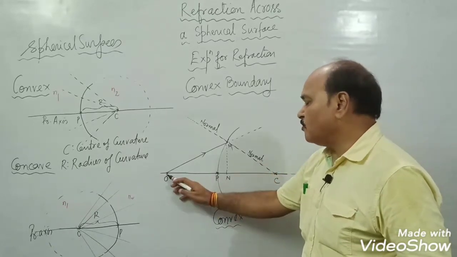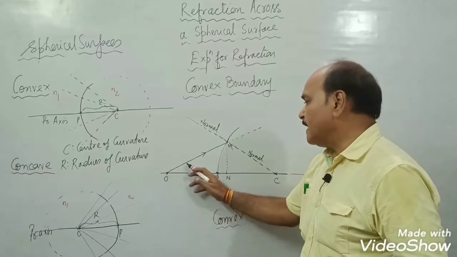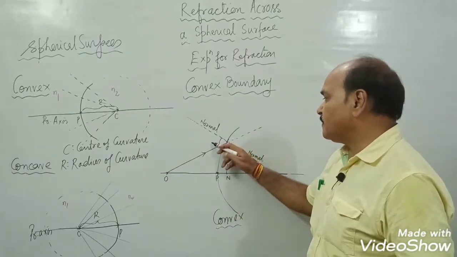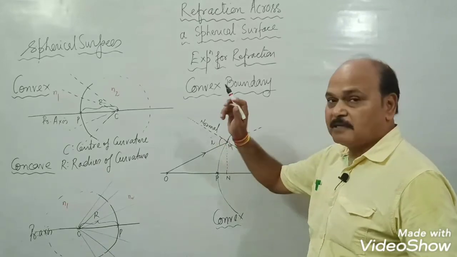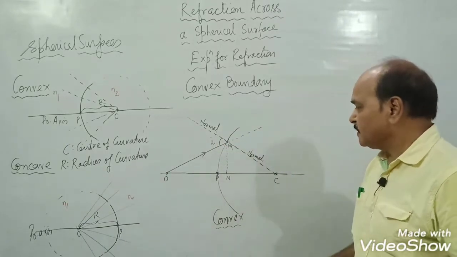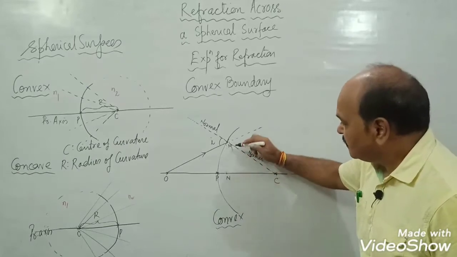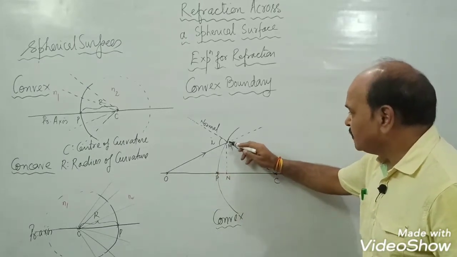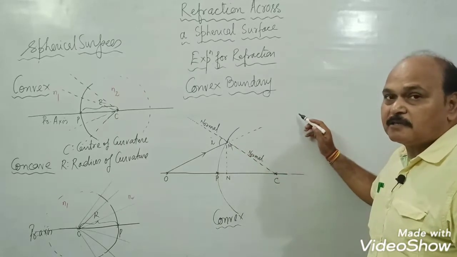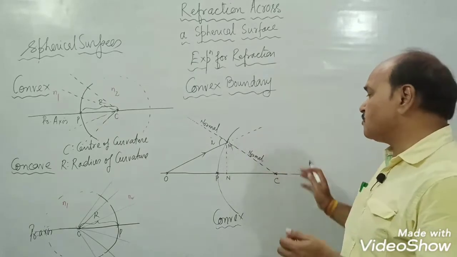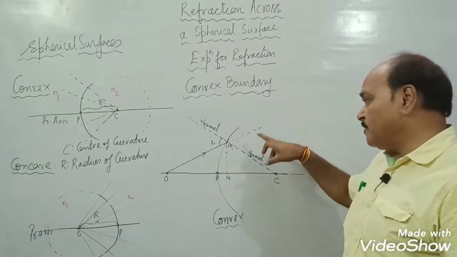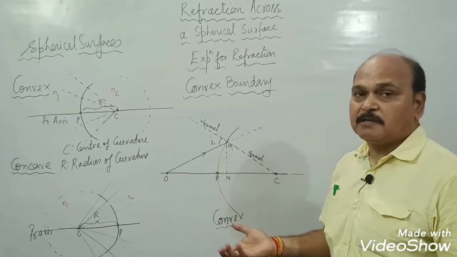If this is object O and this is the incident ray, then the angle which the incident ray makes with the normal is I, the angle of incidence. This ray after refraction would not travel straight. It will move either towards the normal or away from the normal, depending upon whether the second medium is denser or rarer.